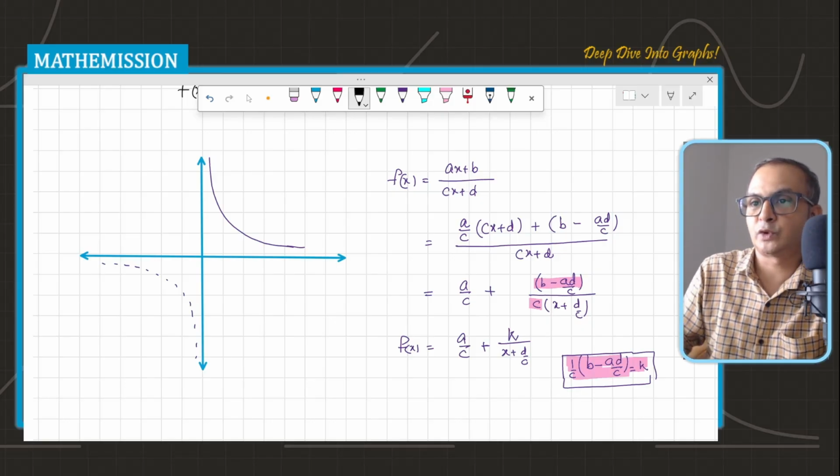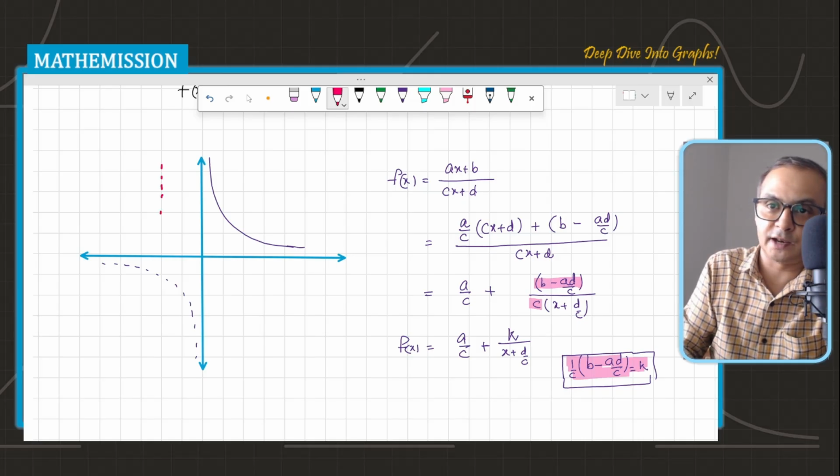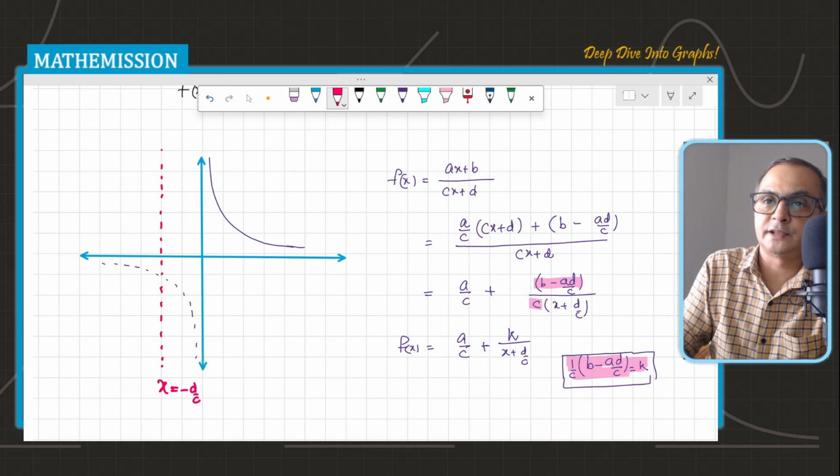In this whole process, what is happening? Let's see. If I shift this graph minus d by c unit left, let's draw this line as x equals minus d by c. This graph is shifted there.